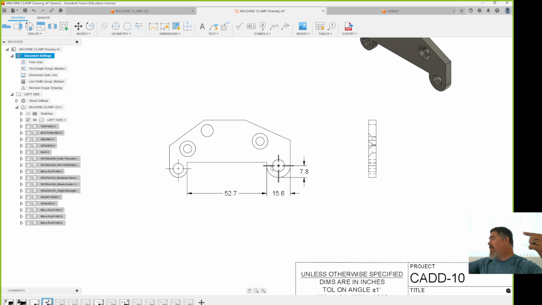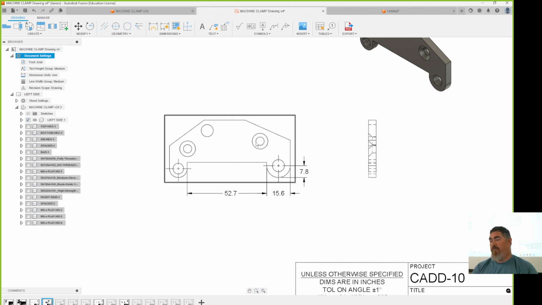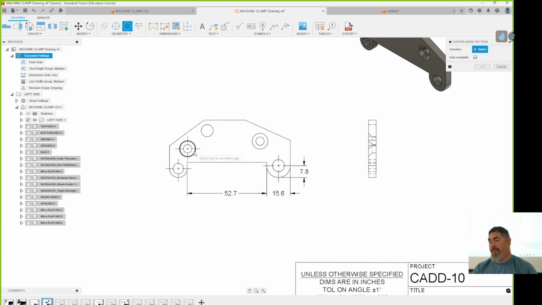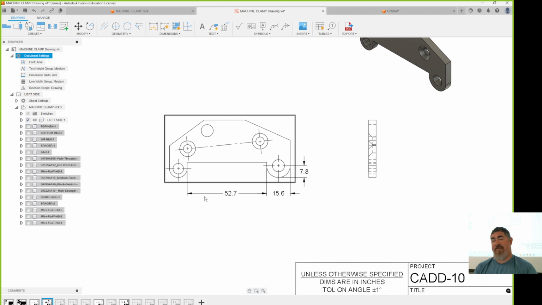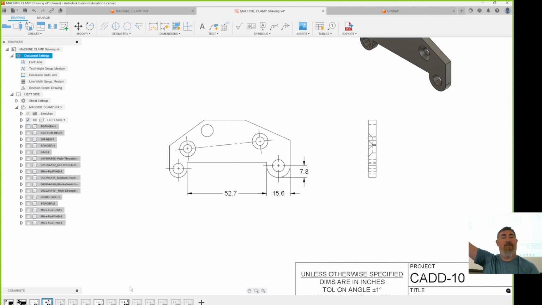Okay? Should I connect these two, the center mark and that center mark? No, because they're not lined up with each other. Could I do these two? You could. I do a center mark. Those things have to do with each other? Yeah, they do, right? Because these two have to line up with the same holes on the other part, right? So these two are connected to each other.